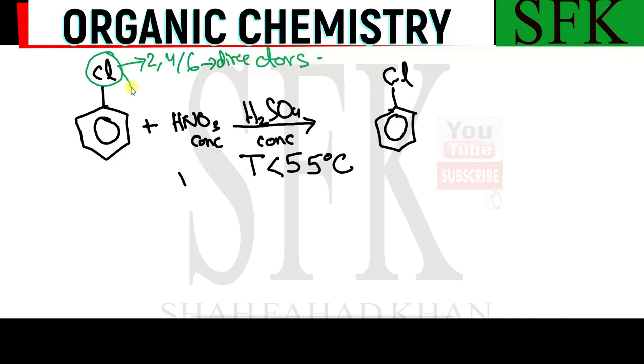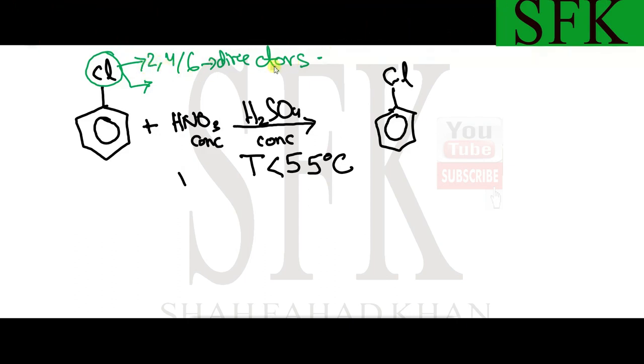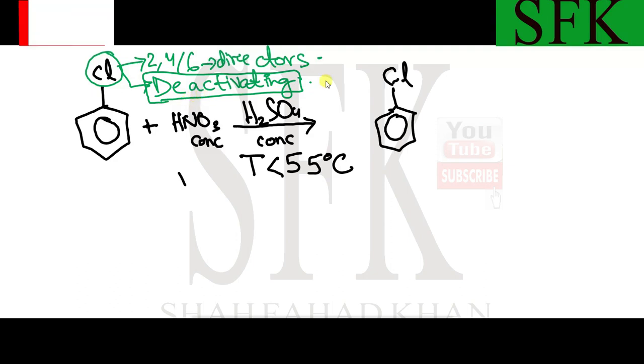We know that all 2, 4, 6 directors are activating groups, but halogens are an exception and they are deactivating groups. Please learn this, it has been asked several times. What are halogens, activating or deactivating? They are basically deactivating groups.